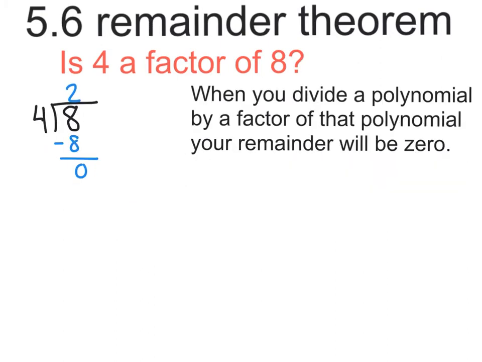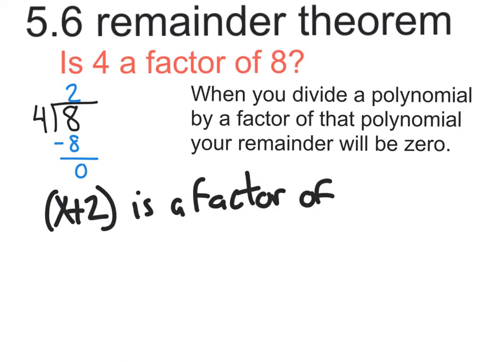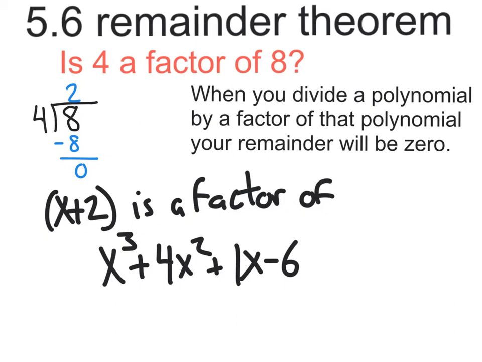So in order to really understand this theorem, I'm going to tell you that x plus 2, the binomial x plus 2, is a factor of this huge polynomial. Okay, so I'm telling you x plus 2 is a factor of this cubic polynomial x to the third plus 4x squared plus 1x minus 6. Okay, now what does that mean?